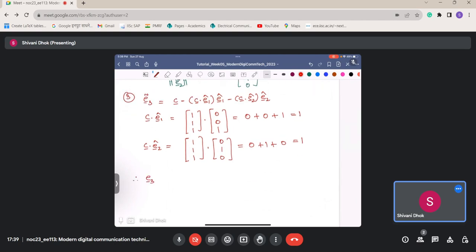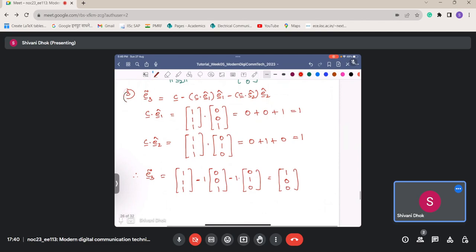Therefore, this e3 tilde is C, that is (1, 1, 1), minus 1 into e1, which is simply (0, 0, 1), minus 1 into this e2, which is (0, 1, 0), and this comes out to be (1, 0, 0).